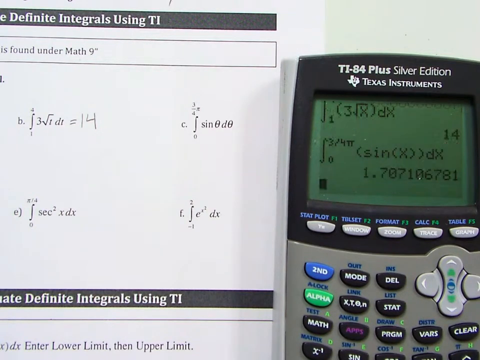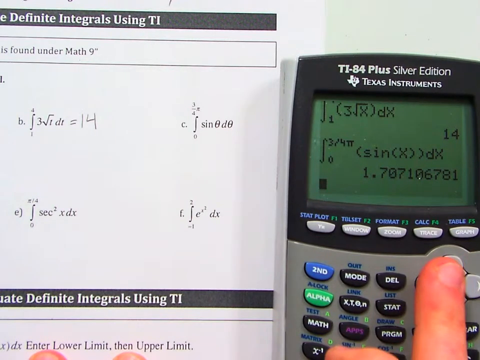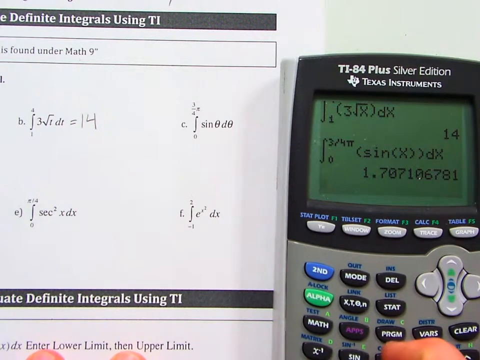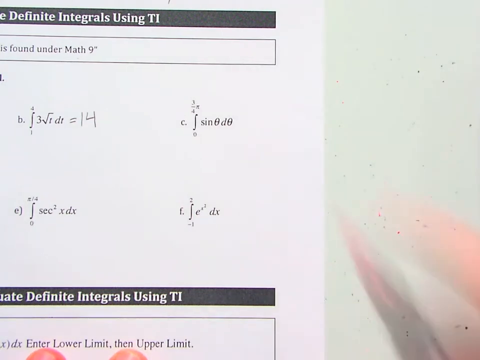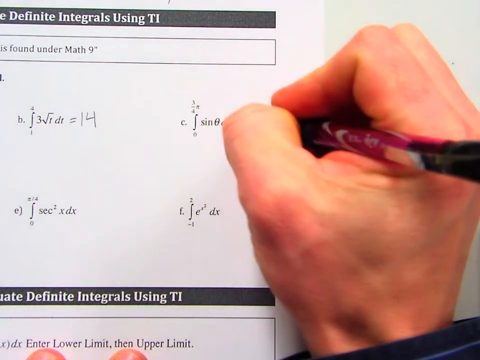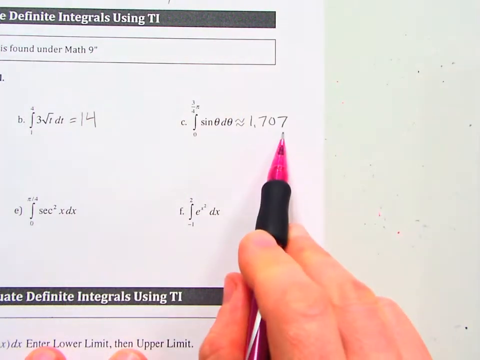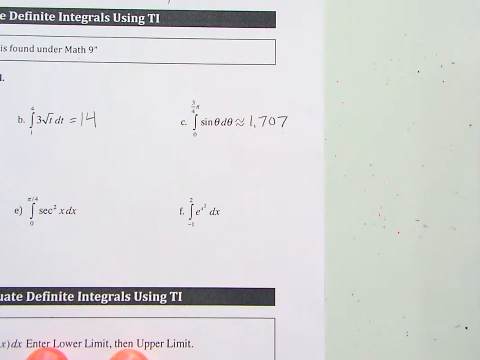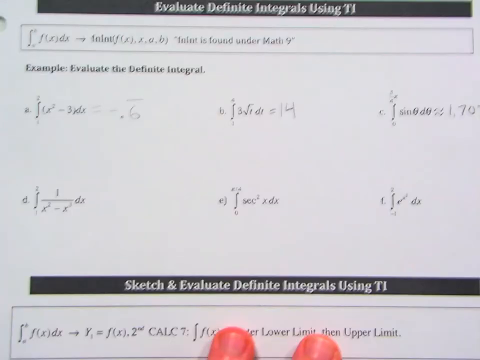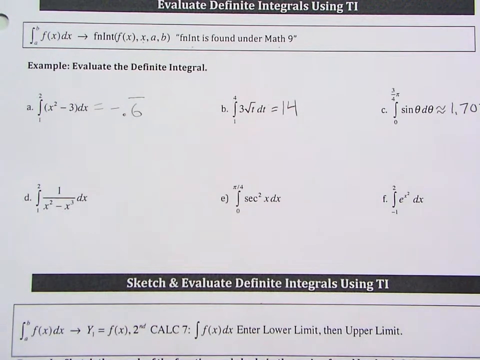We hit enter and get 1.707. We're always going to go out 3 decimal places, and this is, of course, an approximation. Now I'm going to give you a chance to try D through F on your own. Pause this, and we'll come back together in a second to check your work.